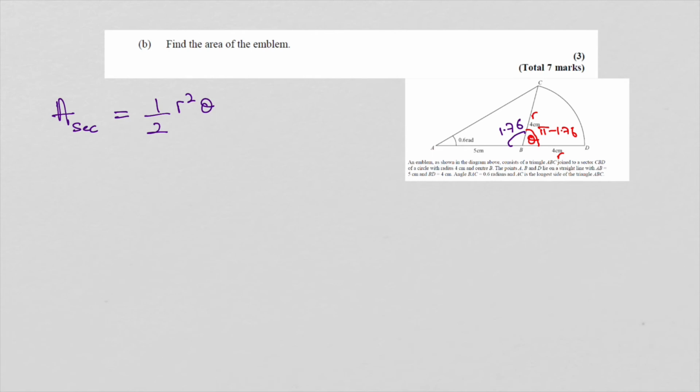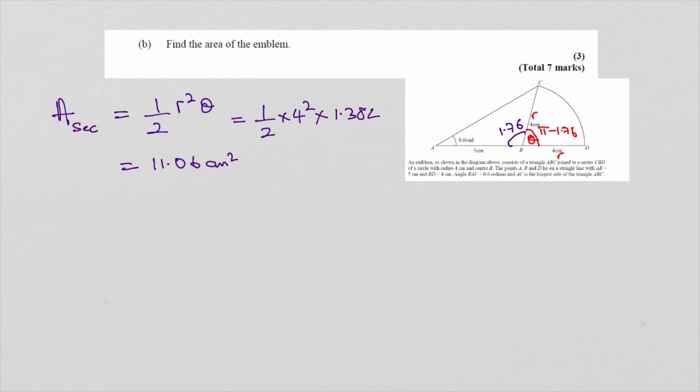To plug that in, it's going to be a half times 4 squared times pi minus 1.76, so that would be 3.142 minus 1.76, which is 1.382. We multiply that by 16, 4 squared is 16, and divide by 2, and we get roughly 11.06 centimeters squared. So that's the area of the sector.